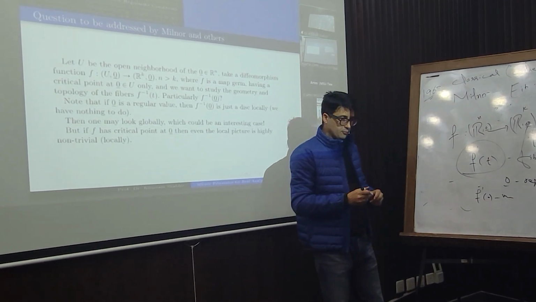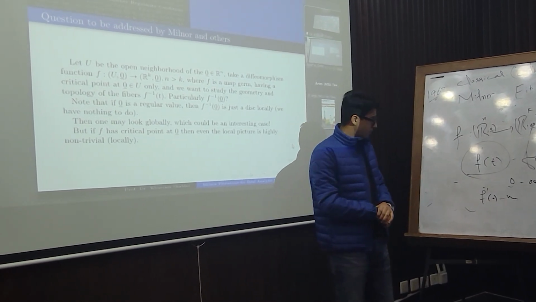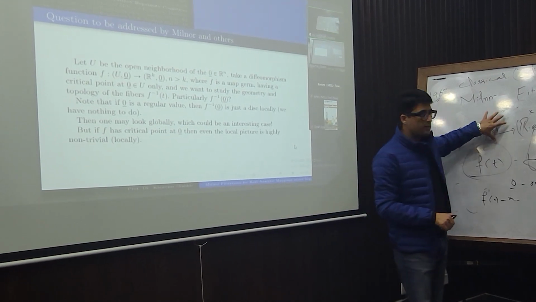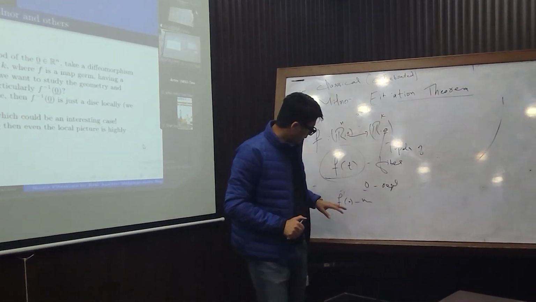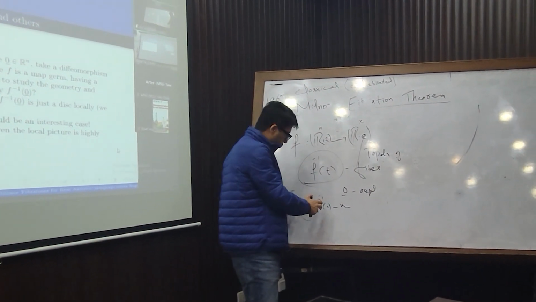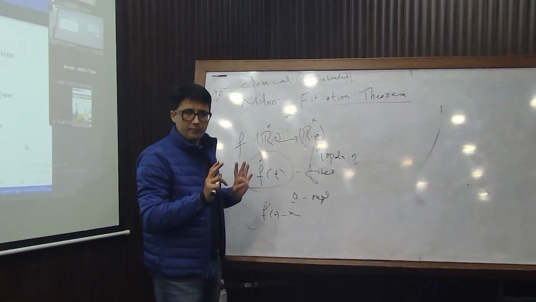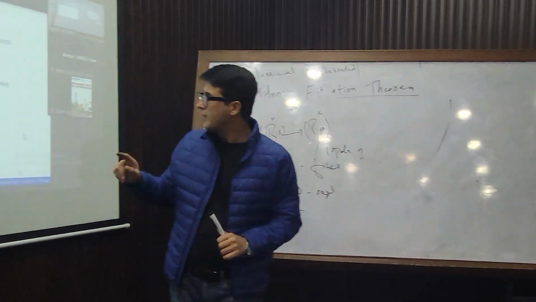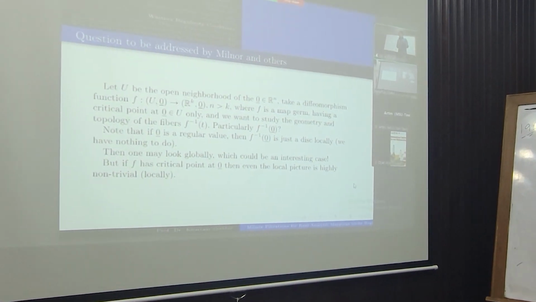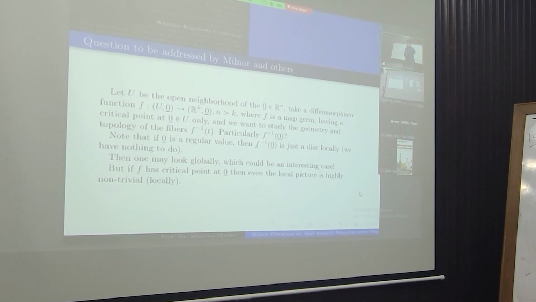So we have nothing to do. Regular value. It's a simple space, yes? Because in this case it is just a disk. Globally it could be interesting, but locally it is just a manifold and you are done. But if this point is a singular point, then even locally it is highly non-trivial.